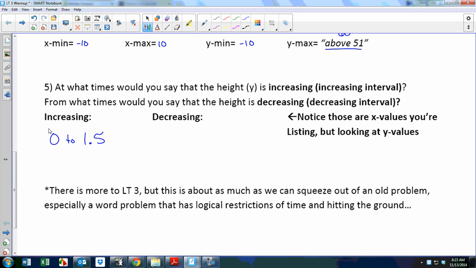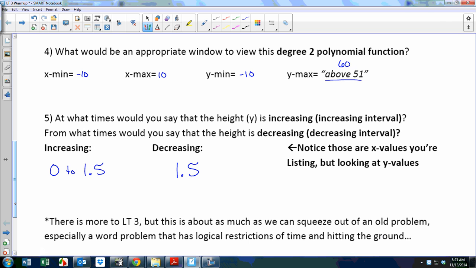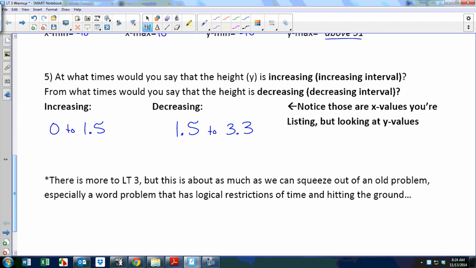When is it decreasing? From 1.5 to when? To about 3 point, we'll say 3.3, because that's what it is, to 3.3. And you remember you could find those numbers left bound, right bound, right? Okay. All right, that's about all we can squeeze out of an old problem.